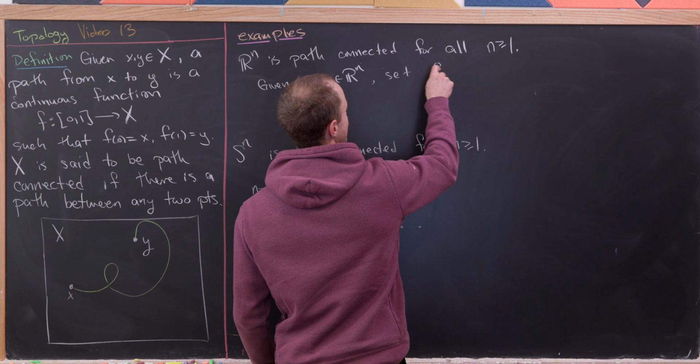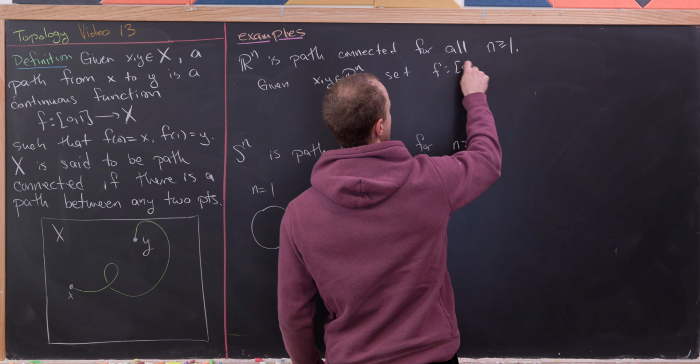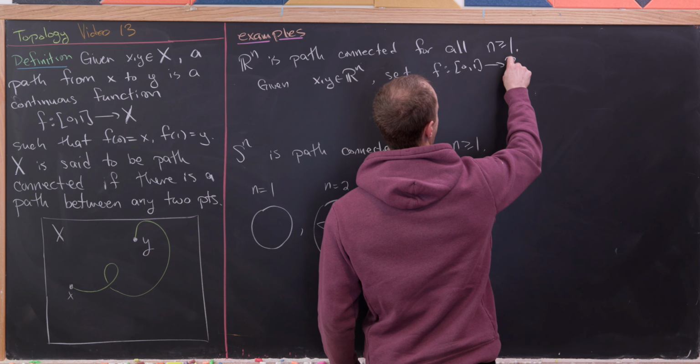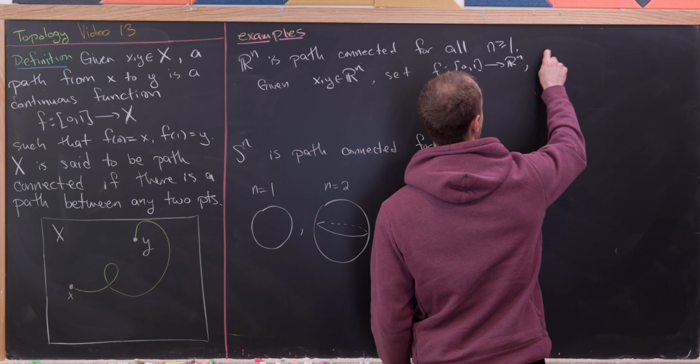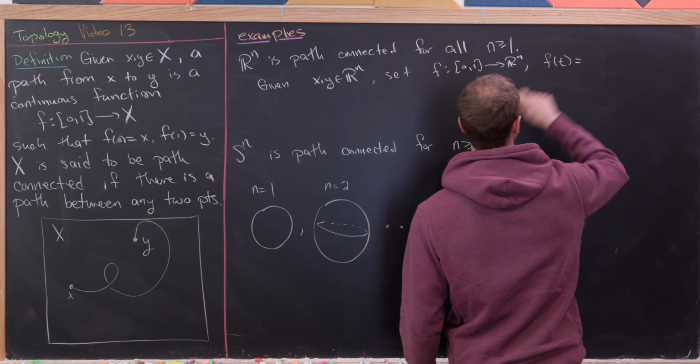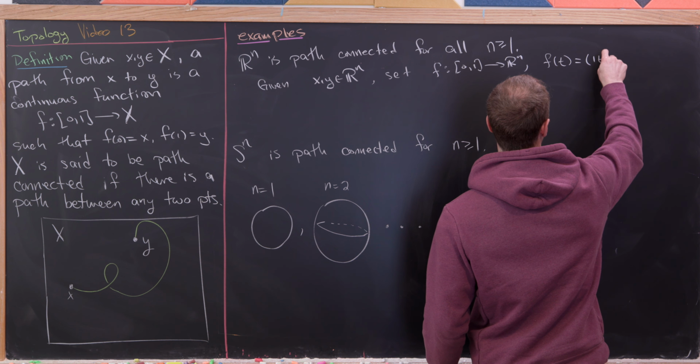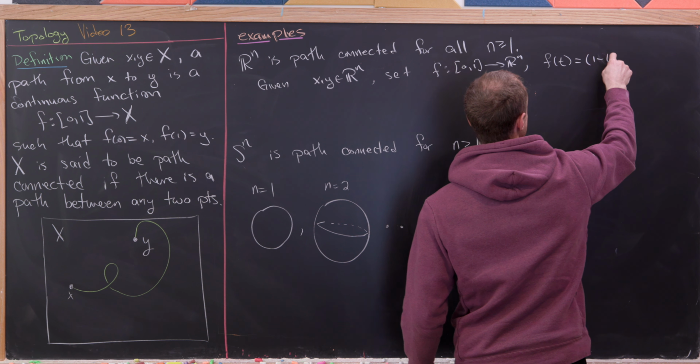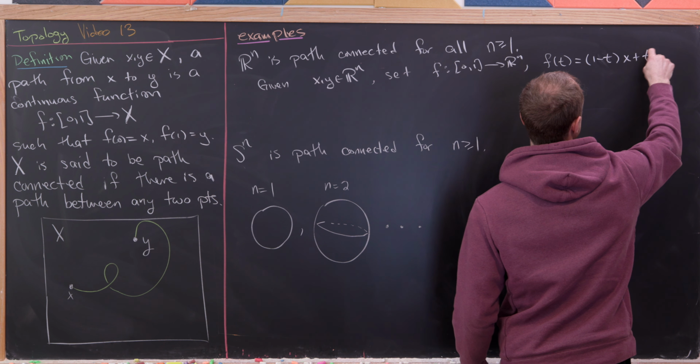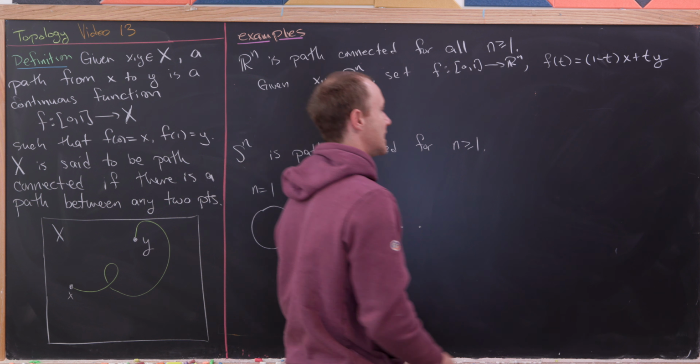Let's consider the function f that goes from [0,1] to R^n, and let's say it's defined by f evaluated at t is equal to (1 minus t) times x plus t times y.